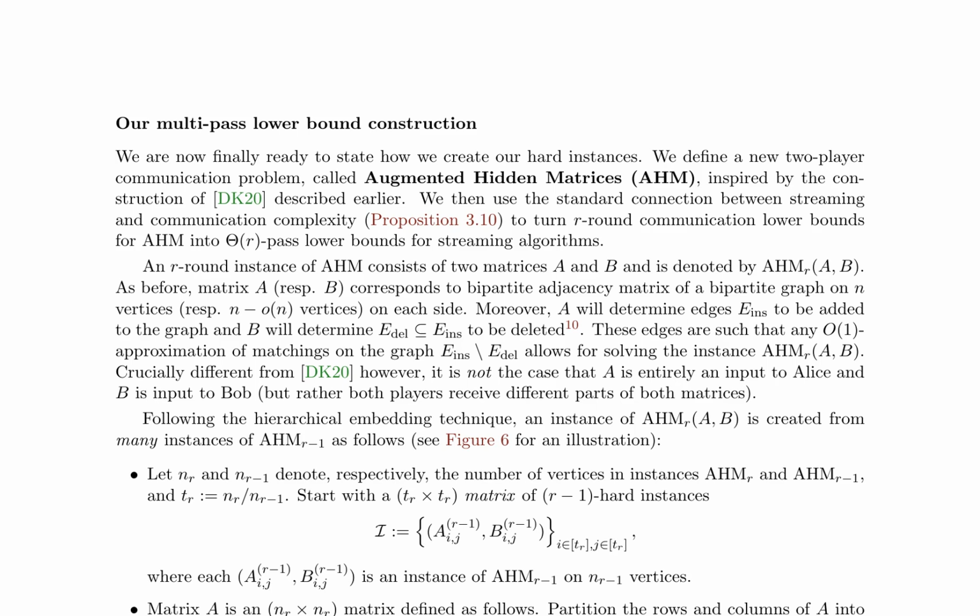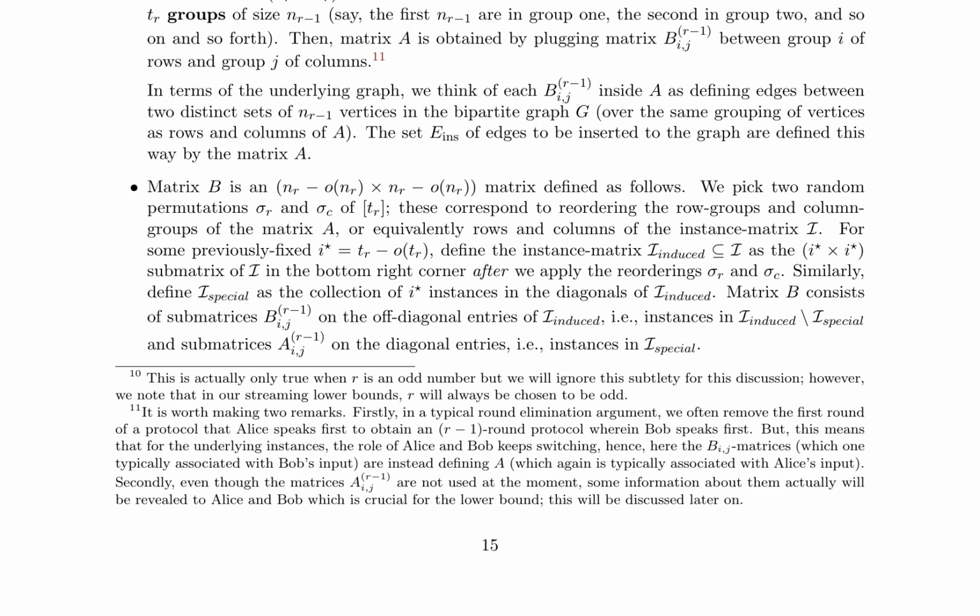Matrix A is obtained by plugging matrix B_(R-1,I,J) between groups of rows and columns, while matrix B is defined by reordering the row groups and column groups of matrix A and selecting specific submatrices. The underlying graph is represented by the matrix A, where each B_(R-1,I,J) inside A defines edges between distinct sets of vertices in the bipartite graph.